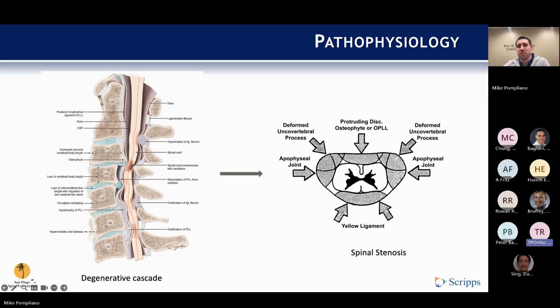All of these processes contribute to decreasing the dimensions of the canal and foramen. You can see on the left a classic example of many of those processes. And on the right, eventually this leads to spinal stenosis and if severe, can lead to compromise of the spinal cord, and depending on which process is involved, circumferential stenosis.